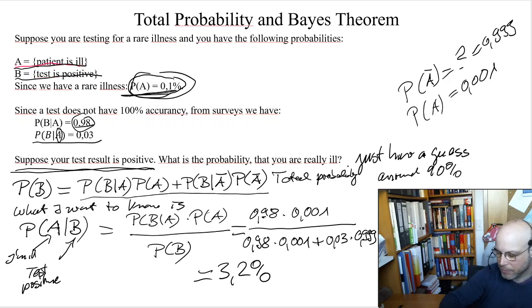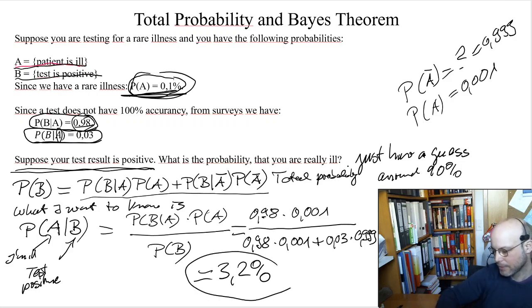And here we have this rare probability, and this unfortunately then means if we have a test with 98% accuracy and 3% false positive, then actually this is not a very good test, because if I as a specific person have my positive test result, then I can only say that with 3.2% probability I'm really ill.